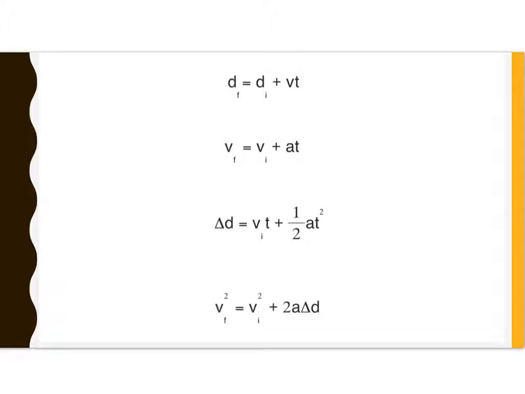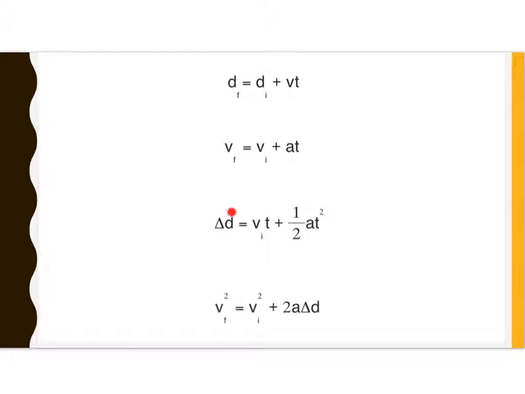So once again, these are the kinematic equations in the order that I gave them to you in class. And so let's just review. We have df, or final displacement, equals di, initial displacement, plus your velocity times time. We have vf, final velocity, equals vi, initial velocity, plus a times t, acceleration times time.